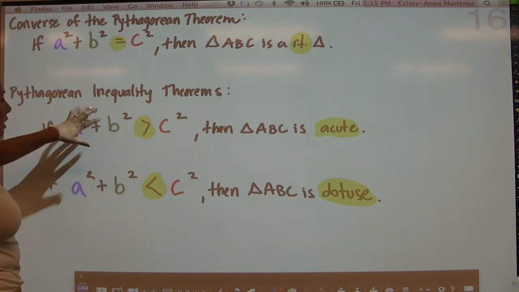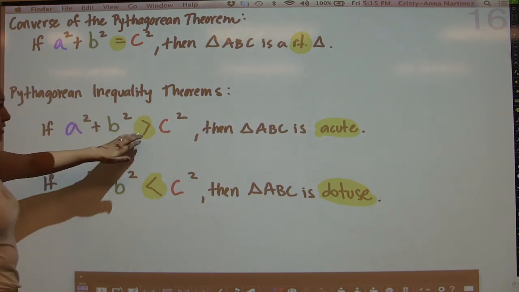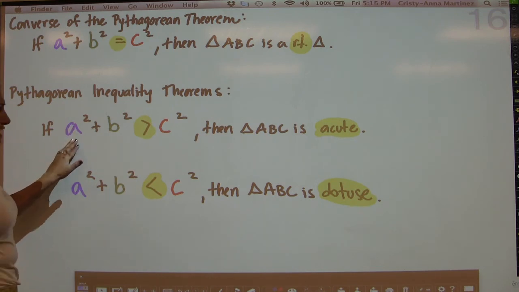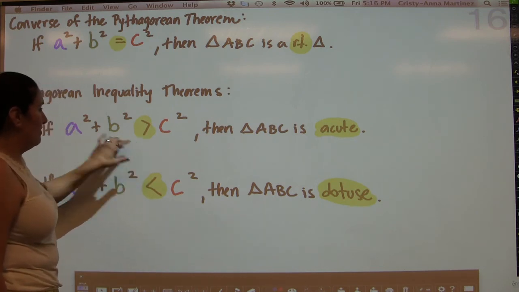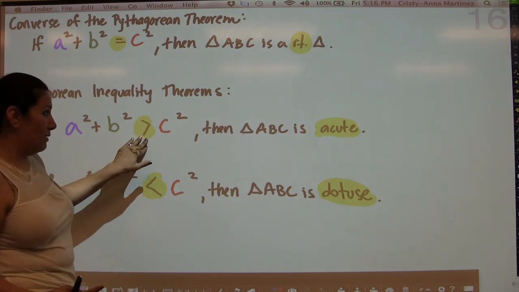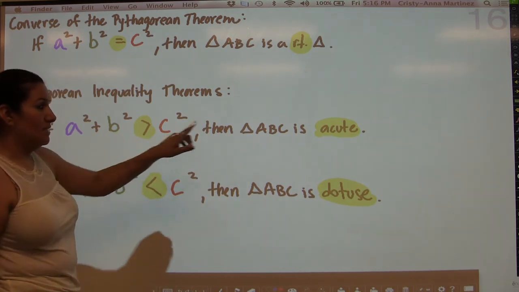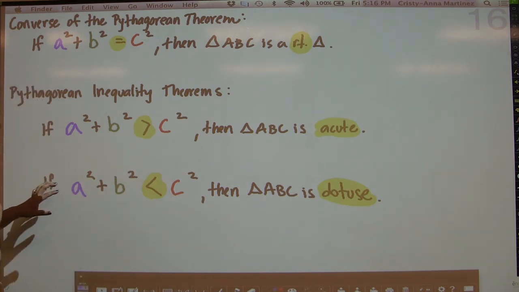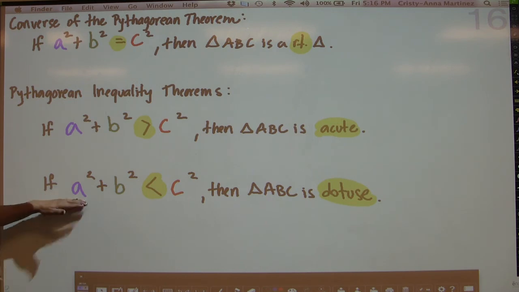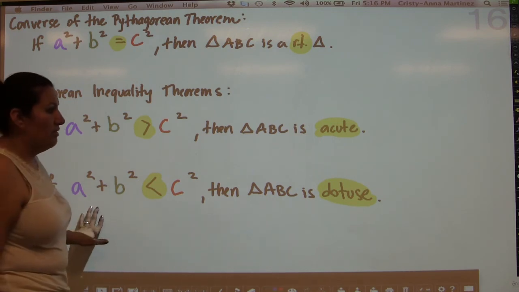The inequality theorems are basically when it's greater than and less than. Same relationship. If a squared plus b squared is greater than c squared, so if the sum of the squares of the legs is larger than the hypotenuse squared, then it's an acute triangle. And on the flip side of that, if it's less than c squared, then it's obtuse.